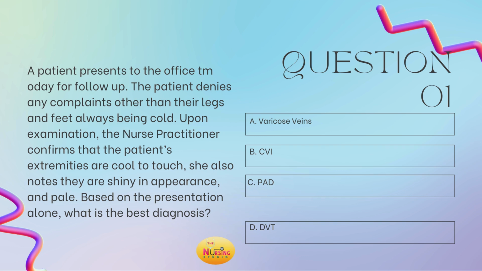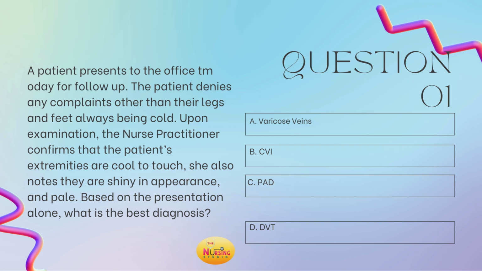All right, I always recommend reading the stem of the question first so it allows you to slow down to ensure you're answering what is truly being asked here in the question, okay? So the stem here states, based on the presentation alone, what is the best diagnosis? Now, I always say if it's asking you about a diagnosis, you need to run it back and see what the assessment findings are. So this patient came in just for a follow up, denies any true complaints other than just stating their legs and feet are always cold.